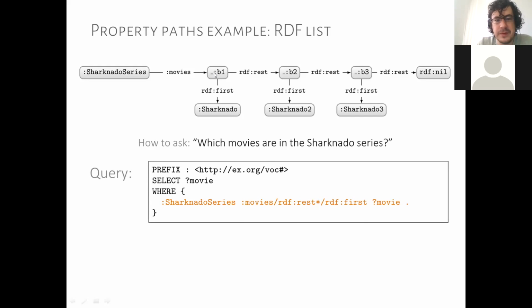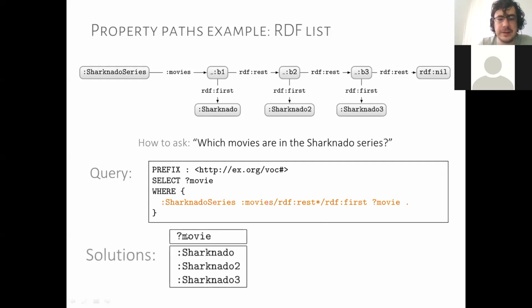So we first go to movies and then we go 0 or more rest, which will bring us here, the node itself, or here, or here. And then it says go 1 first. So from here, we'll go to first, from here to first, here to first. And we get Sharknado, Sharknado 2, and Sharknado 3 as a result.